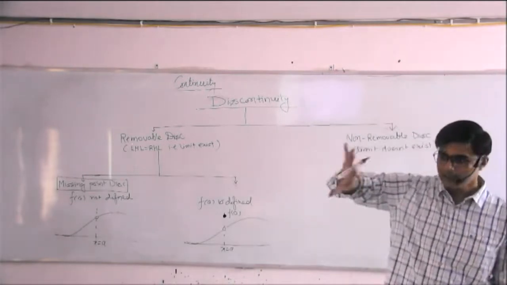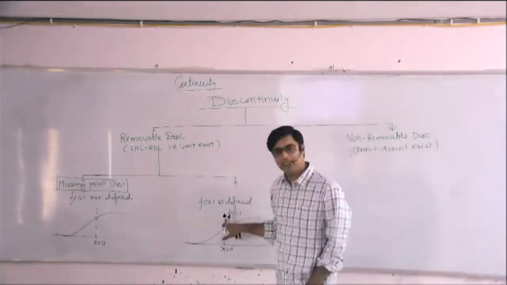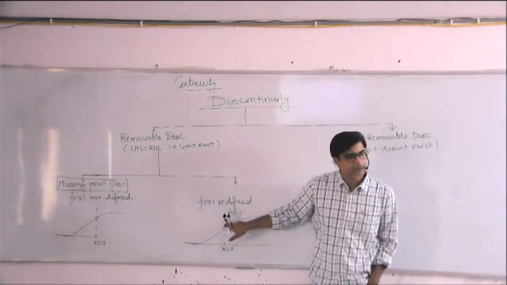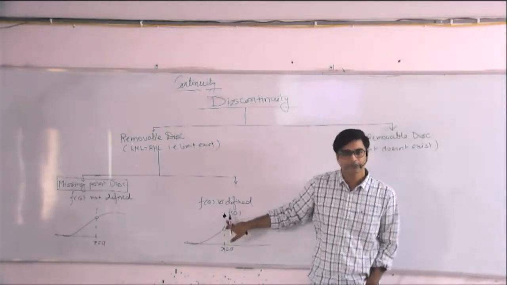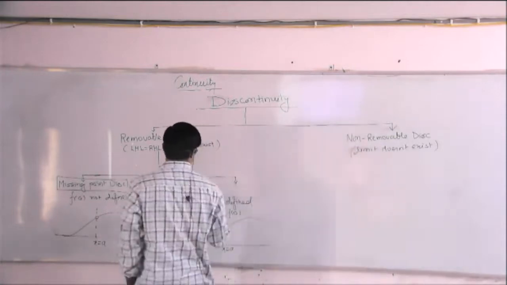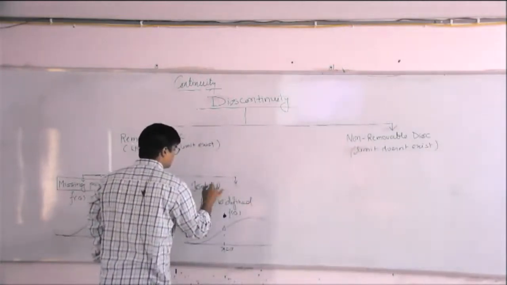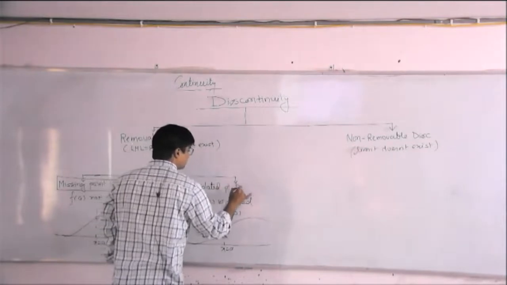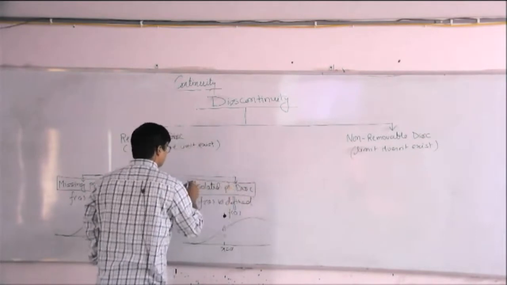Alone. So here also this point is completely isolated. So that's why it is called isolated point discontinuity.